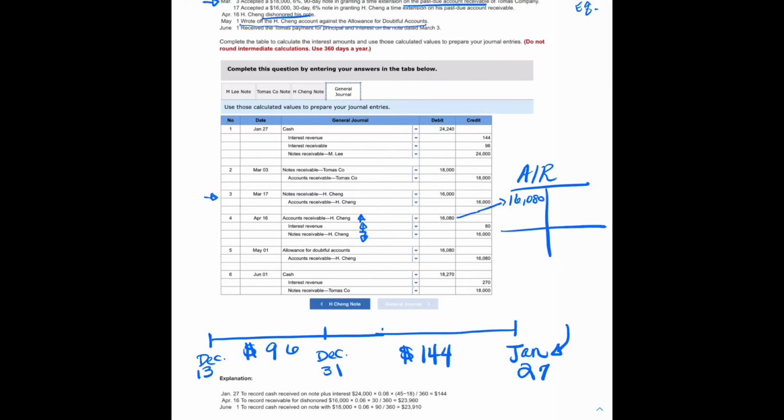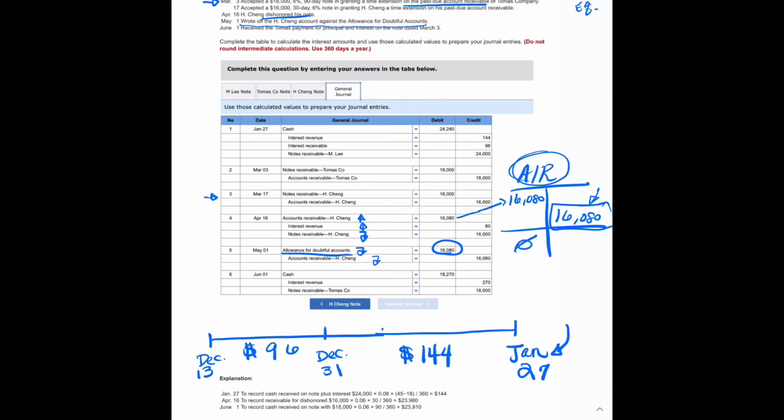And if he now tells us he does not intend to pay us, that has to be reduced by the $16,080 to bring us to a 0 balance in accounts receivable. So the way that's going to happen is, 1, with a credit to accounts receivable, like we see in our T account right here, and 2, by taking this out of my allowance for doubtful accounts. So allowance for doubtful accounts is going down, and accounts receivable is going down as well.